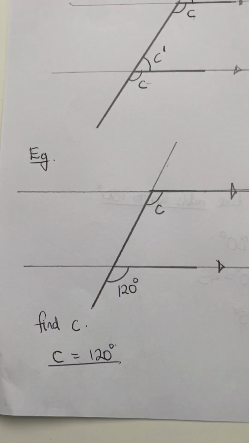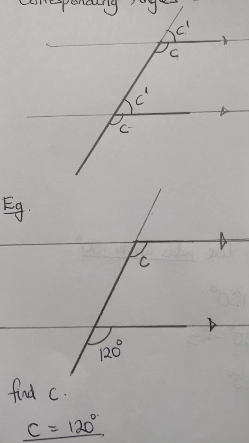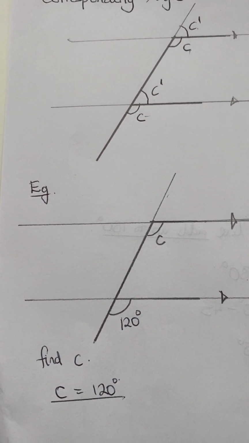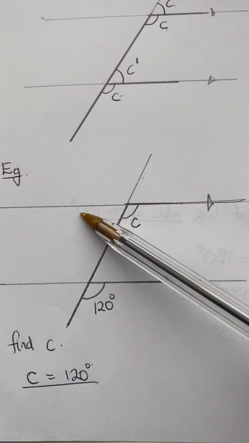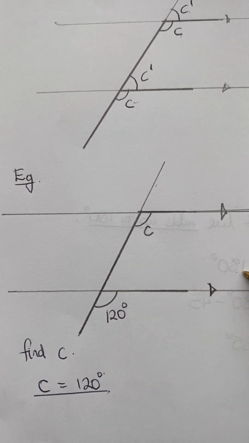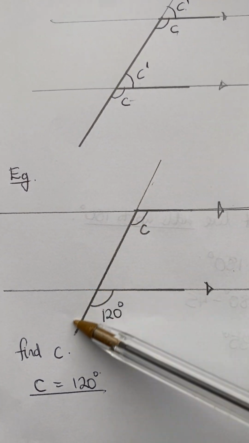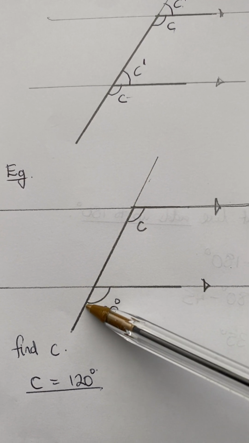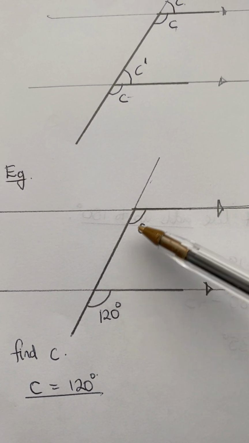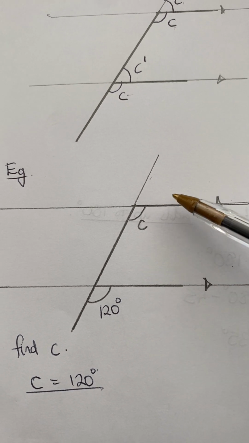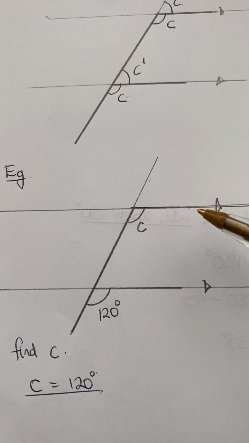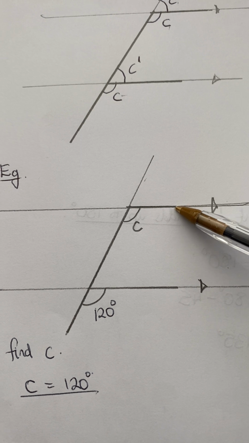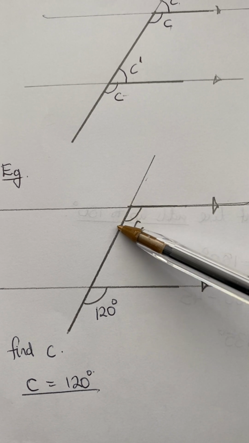Now let's quickly look at some examples. Our first example is two parallel lines. That is our line. Today we are not looking at alternate or Z angles. We are looking at corresponding angles. Now this is our F here, if you can look.